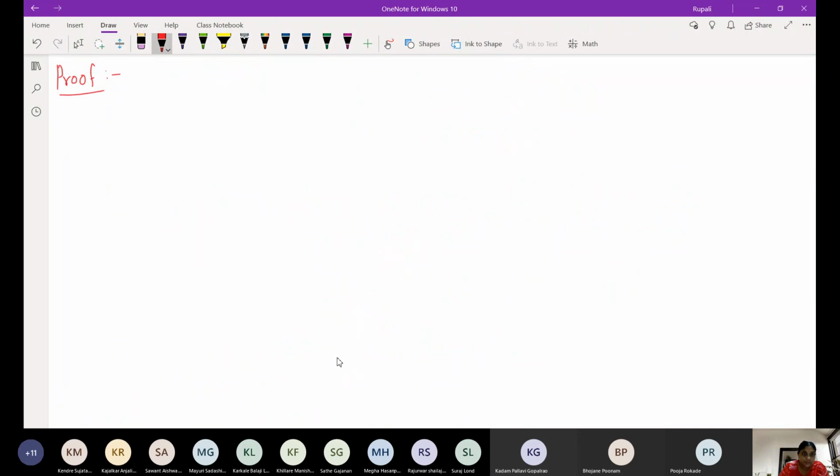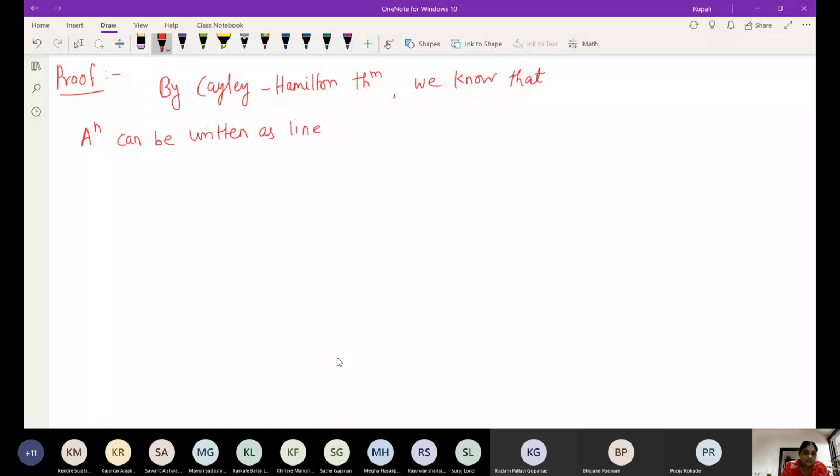Yes, ma'am. Whatever may be your matrix, by Cayley-Hamilton theorem, we know that A raised to n can be written as a linear combination of identity, A, A square, up to A raised to n minus 1, if A is an n by n matrix.